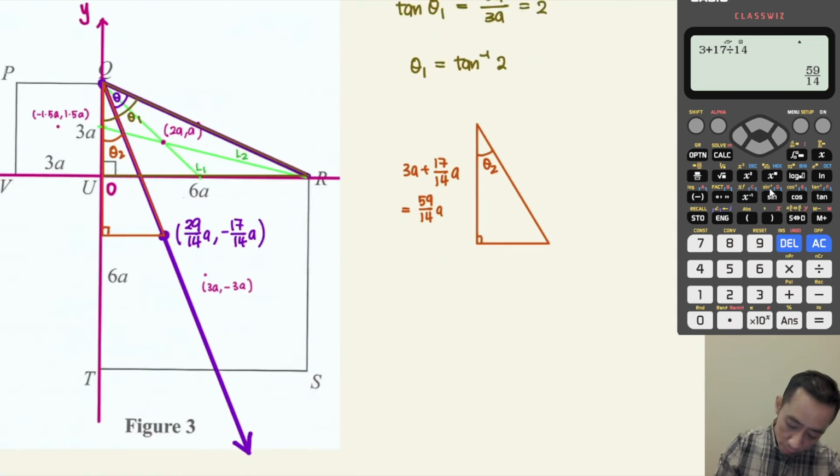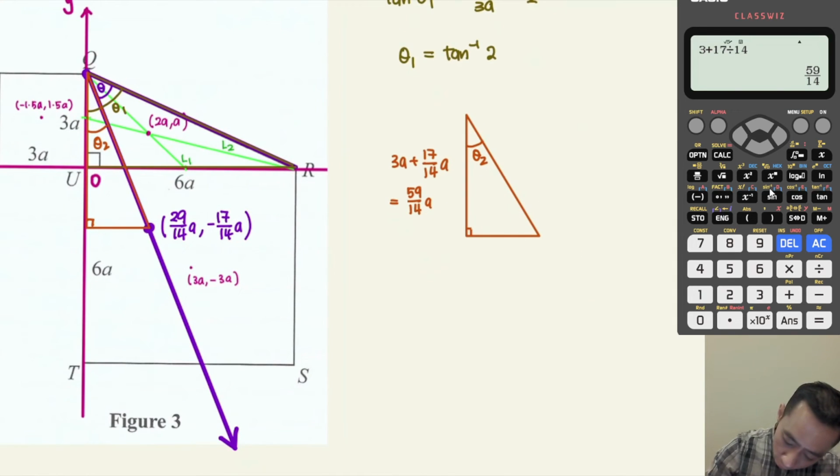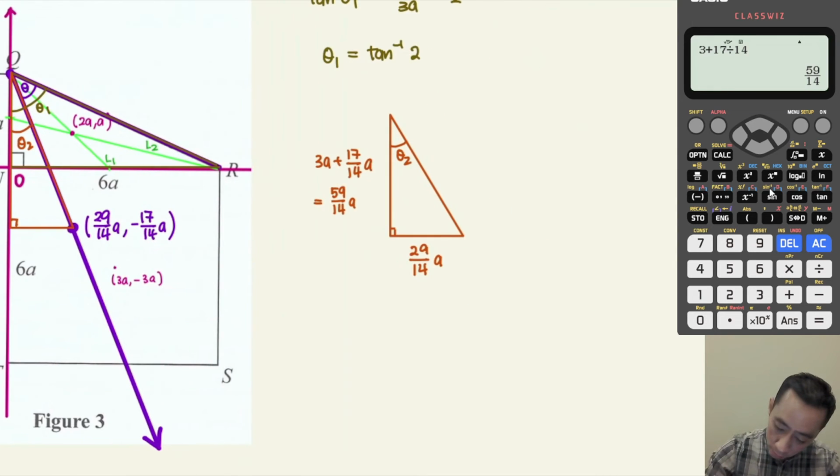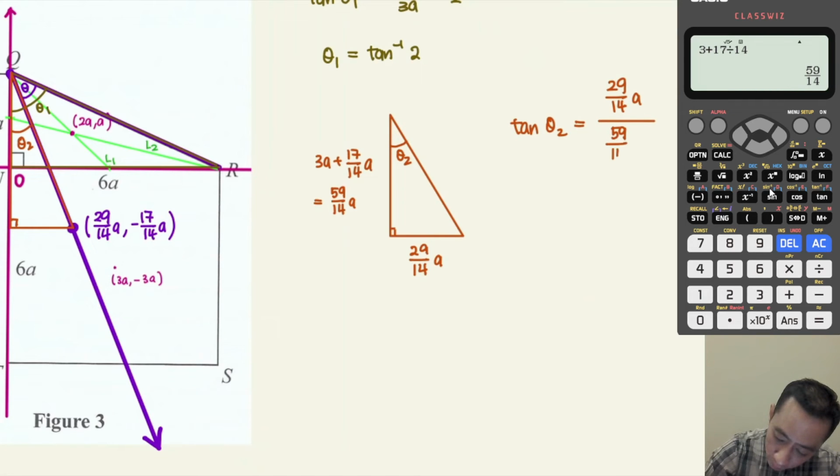Then the horizontal line here is 29 over 14a. Similarly, opposite side, and this one is the adjacent side, so I can use tangent. Tangent of this second angle is 29 over 14a divided by 59 over 14a, which means it is 29 over 59.